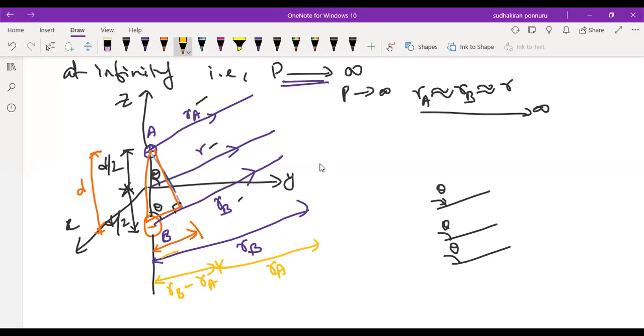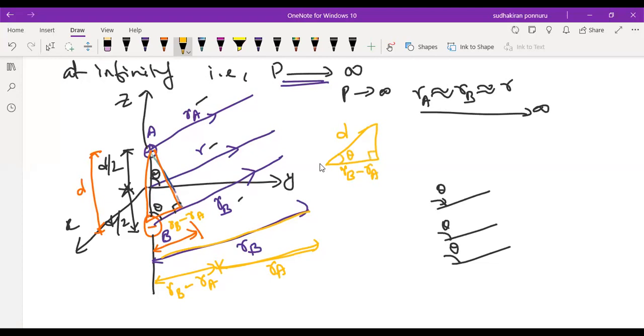Whatever the highest value is, this is RB, and we subtract the value of RA so that you will get this value. So this value is RB minus RA. This is the right angle triangle, where you have D, and just now I have obtained this value, RB minus RA, and this is the angle made by theta.